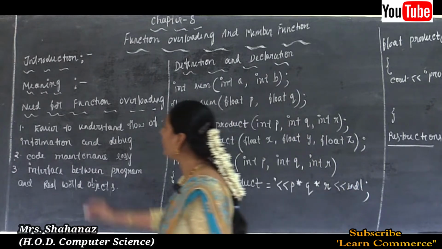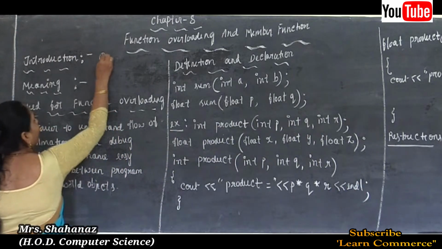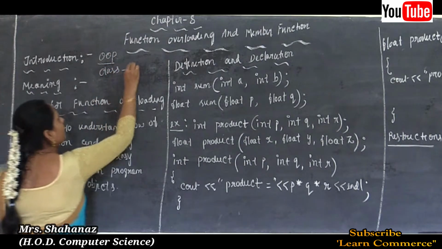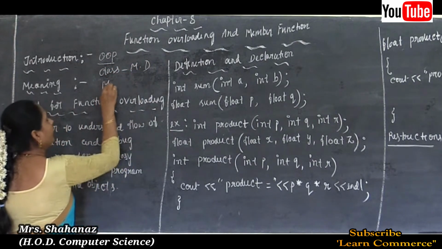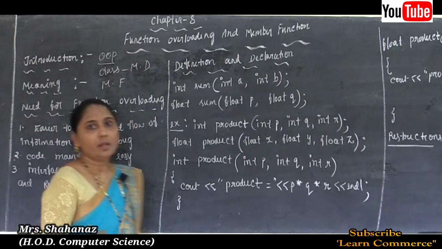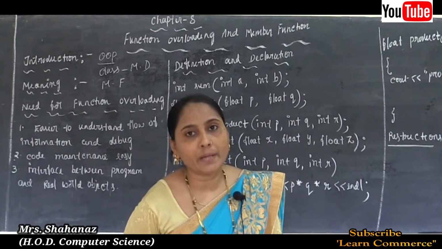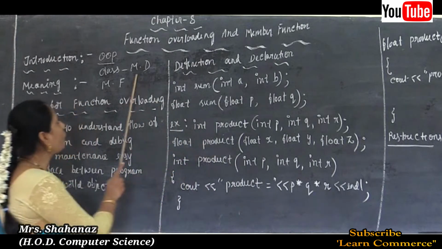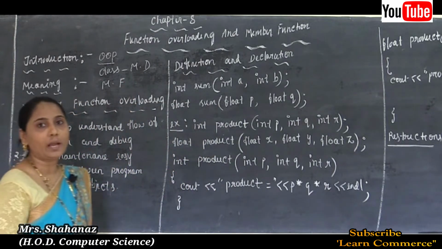When you develop any OOP program, in the class we need to use member data and member functions. So member data and member functions are the principal features of object oriented programming.